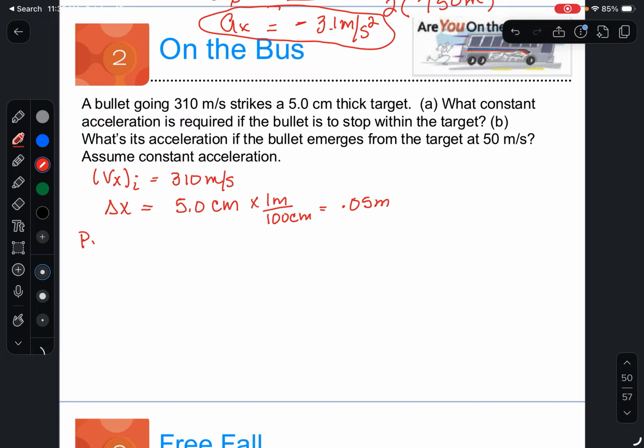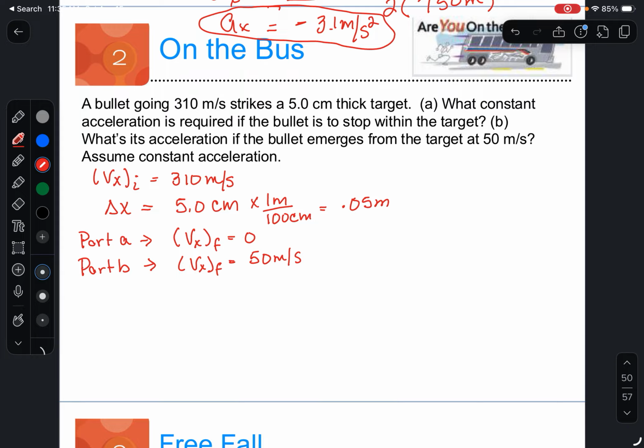Okay, and then for part A, our final velocity is 0. And for part B, our final velocity is 50 meters per second.